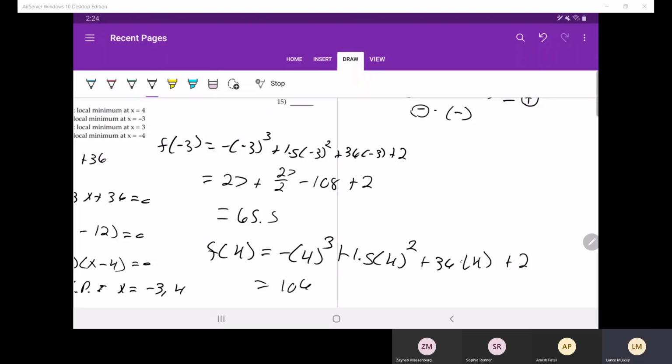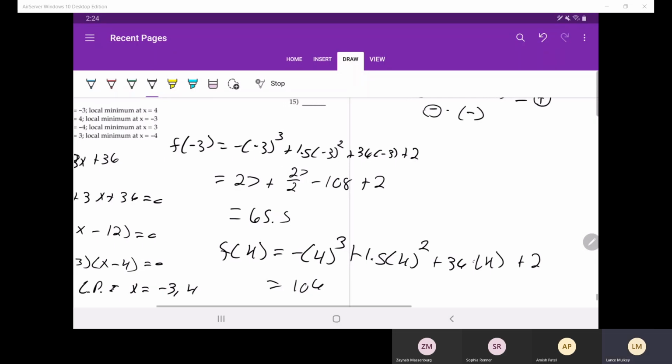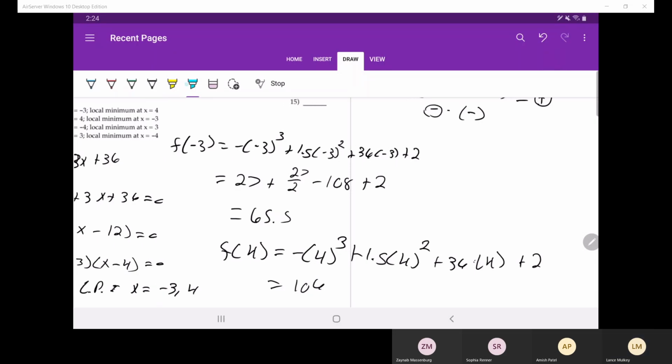So at f of 4, yeah, I plugged in. f of negative 3 equals that, and f of 4 equals that. Following along? Okay.